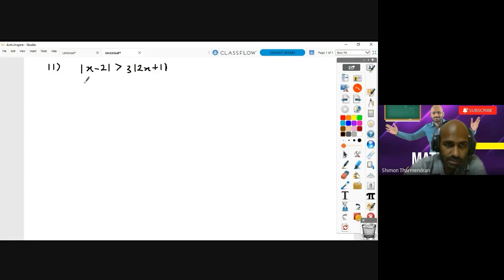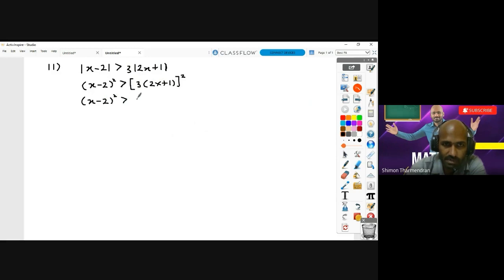So over here, when we square, we have (x minus 2) squared is greater than, we've got to square everybody here, (2x plus 1) and square here.